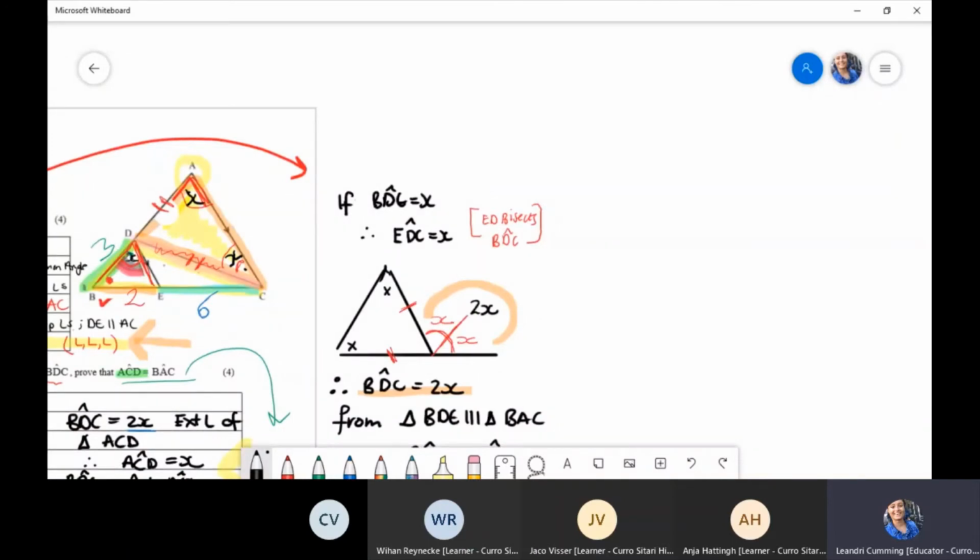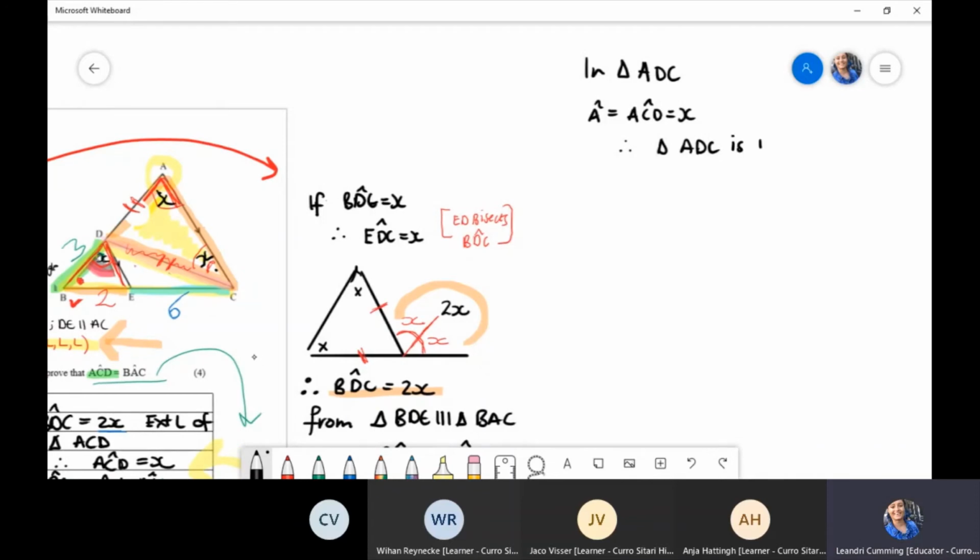When I look at triangle ADC, we've already proven that angle A is equal to angle ACD, which is equal to x, which means therefore triangle ADC is an isosceles triangle because the base angles are equal. Therefore, our opposite sides would be equal in length.